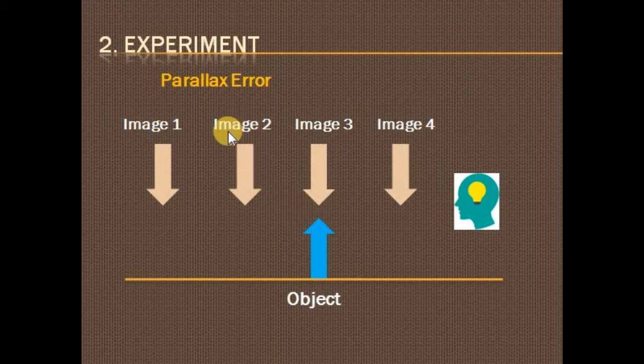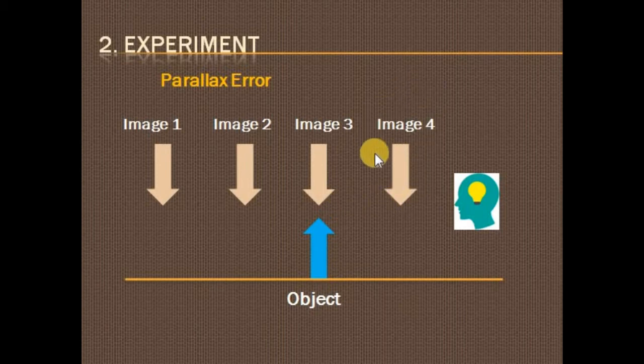And again, if you place the image exactly in the same vertical line where both this image 3 and the object lie, then you will find that these two things, that is the object and the image 3, will move in the same direction according to the movement of your head. So this is the way how we can reduce the parallax error.